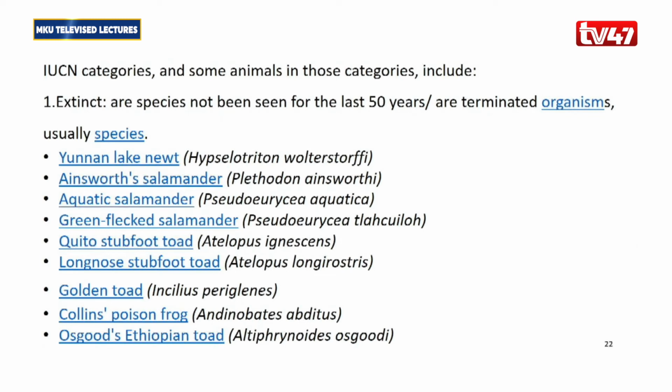If you look at the examples here, like the Yunnan Lake newt, the Ainsworth's salamander, the aquatic salamander, the green-flecked salamander, the Quito stub-foot toad, the long-nosed stub-foot toad, the golden toad, the Collins poison dart frog, the Osgood's Ethiopian toad, all of these have disappeared.